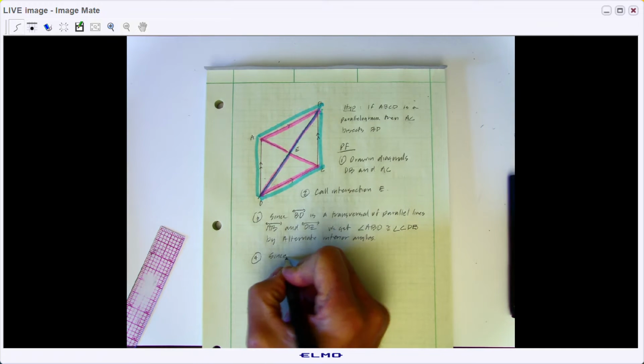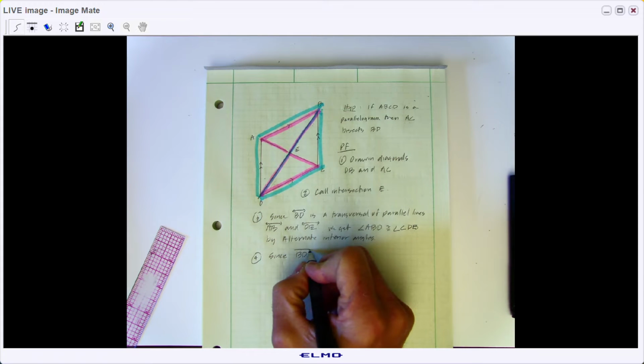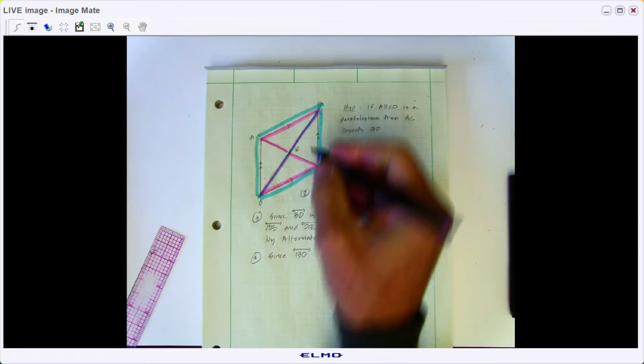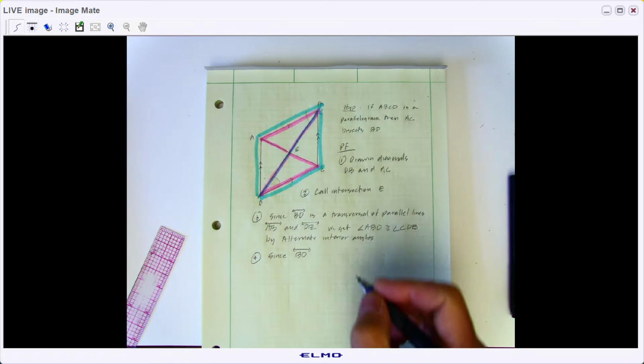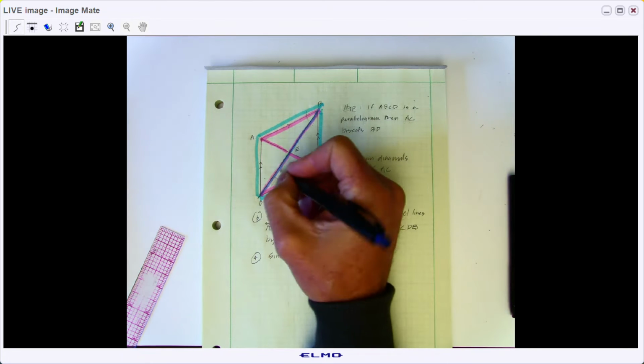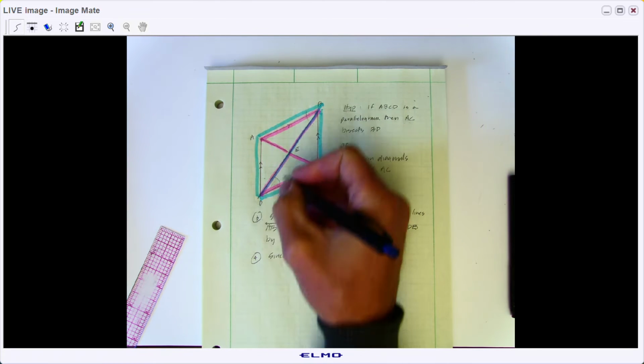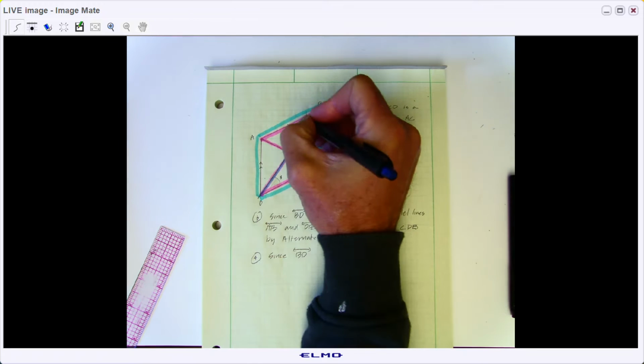And then I just do it again, since BD. I've got to be a little bit careful. What I just proved was that this angle and this angle are congruent. That's what I proved by 3, I guess.